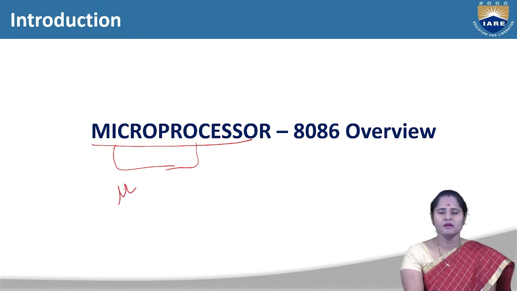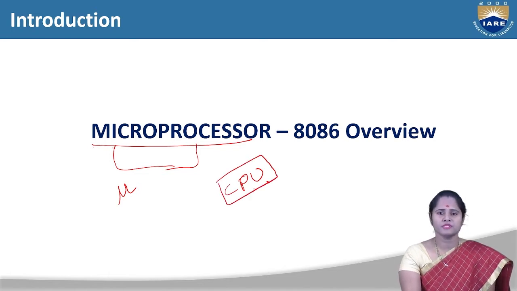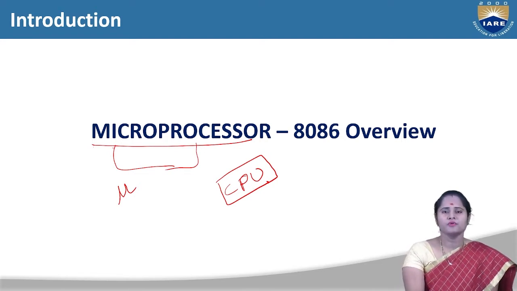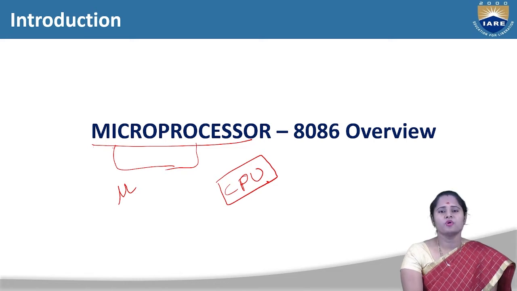A processor executes all the instructions like a CPU, and these instructions are executed in terms of microseconds. So it is much faster. A microprocessor performs all the instructions in microseconds.